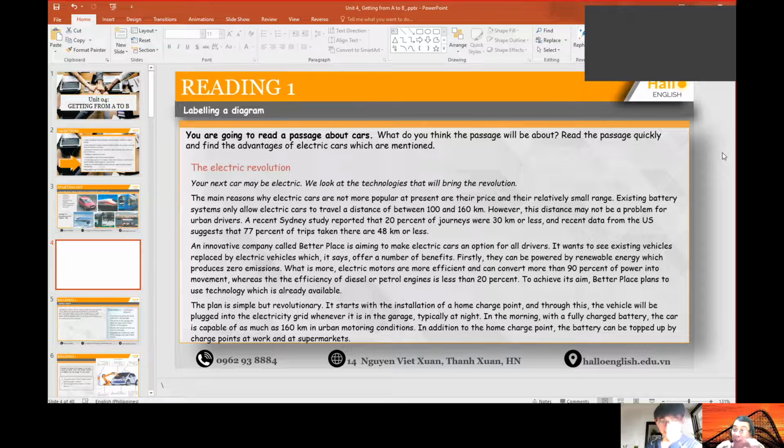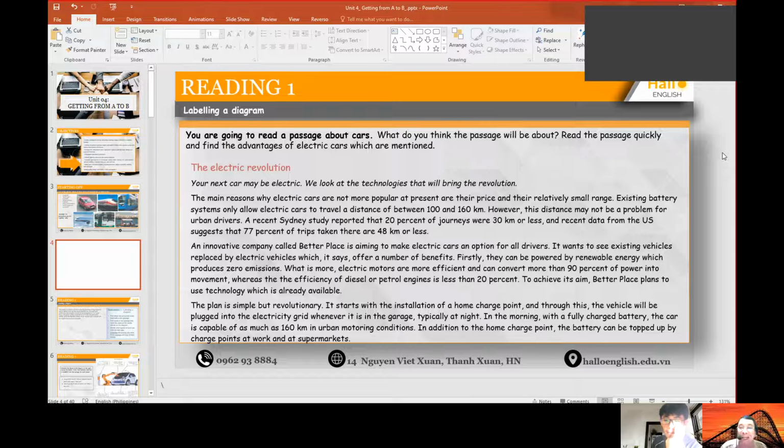When we are talking about labeling a diagram, Koi, I hope you understand what a diagram is. A diagram can also be a table, a graph, a chart, or a graphic organizer. Now, in labeling, let's say, for example, you were given the full body of a person.